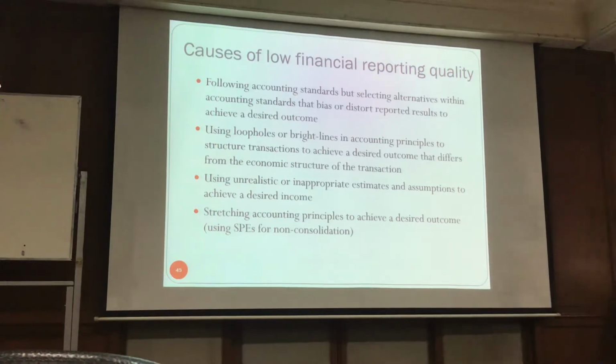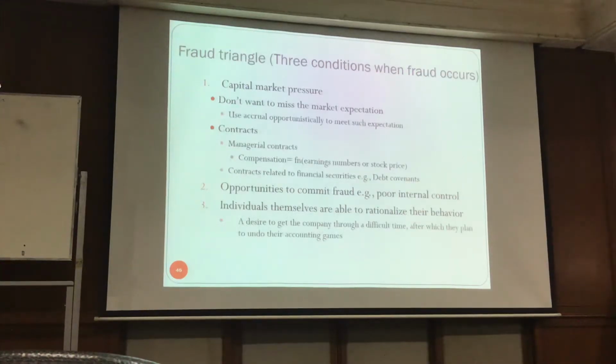And hey, what happened? We call it the fraud triangle. The triangle is like what? First, why does management do the fraud, whether intentionally or unintentionally? First, think about capital pressure, especially for companies listed in the stock market.